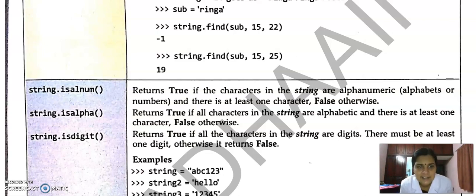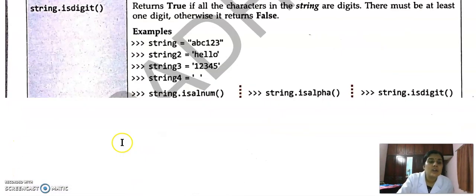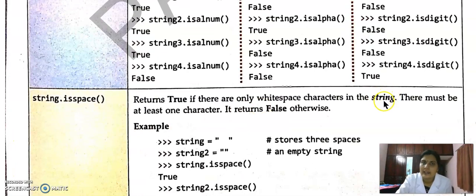Otherwise, false is returned. isdigit means if our string contains digits, then true is returned. Otherwise, false is returned. So these are all Boolean operators. Boolean means either true or false. If it contains alphanumeric characters, true is returned, otherwise false. If it contains only alphabets, then true is returned, otherwise false. If it contains only digits, then true is returned, otherwise false.